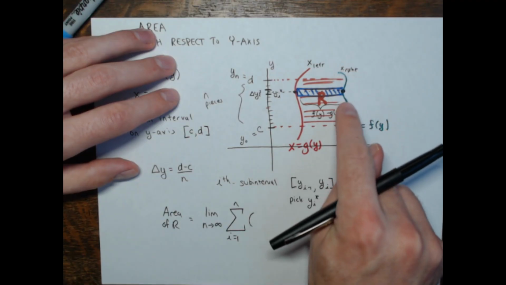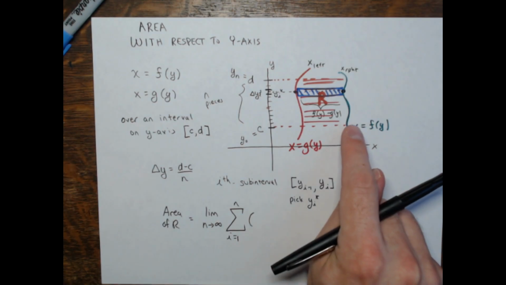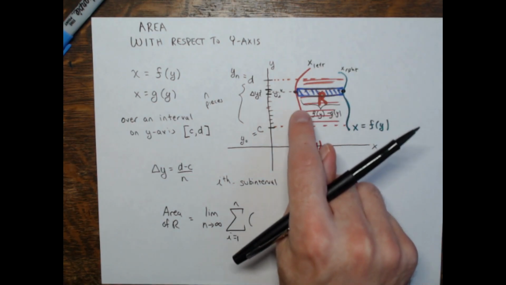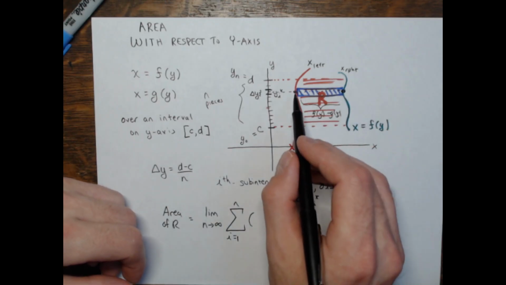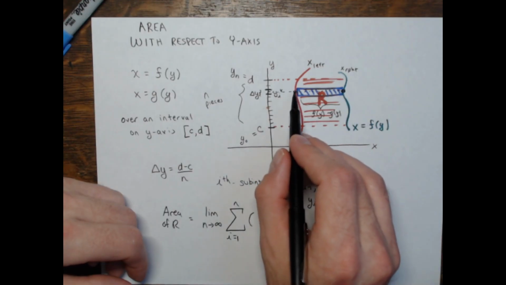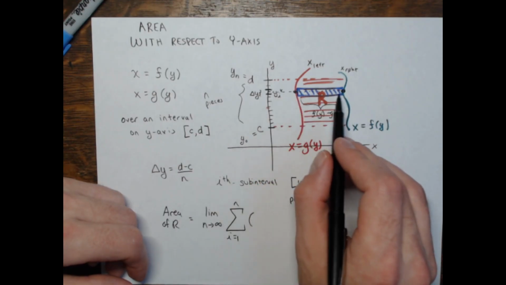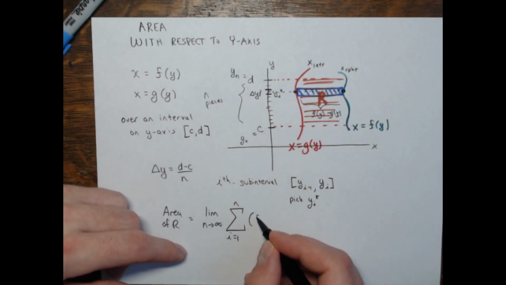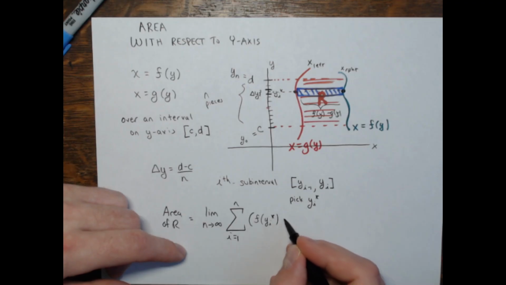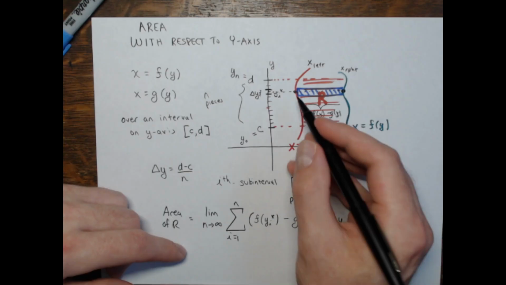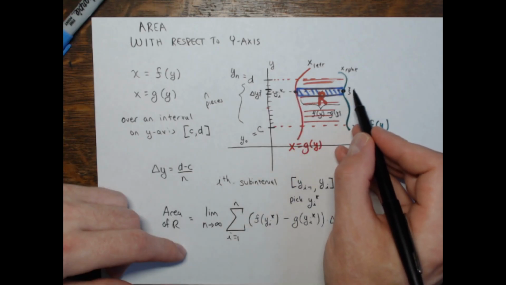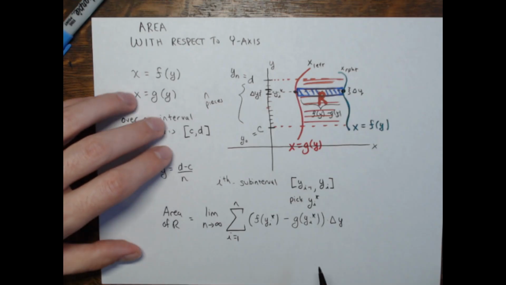The x coordinate of points on the right curve minus the x coordinate, y i star, on the left curve. X to the right minus x to the left gives me the width of the rectangle here. So it'd be f at y i star minus g at y i star, and then times delta y, the change in y, the height of these rectangles.